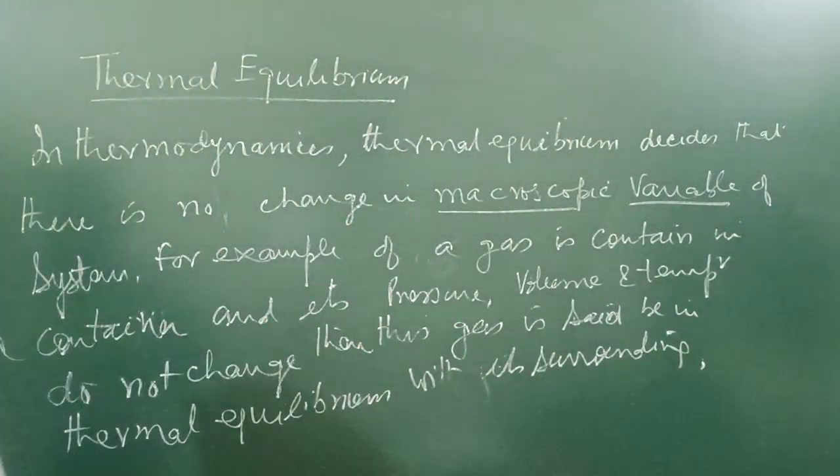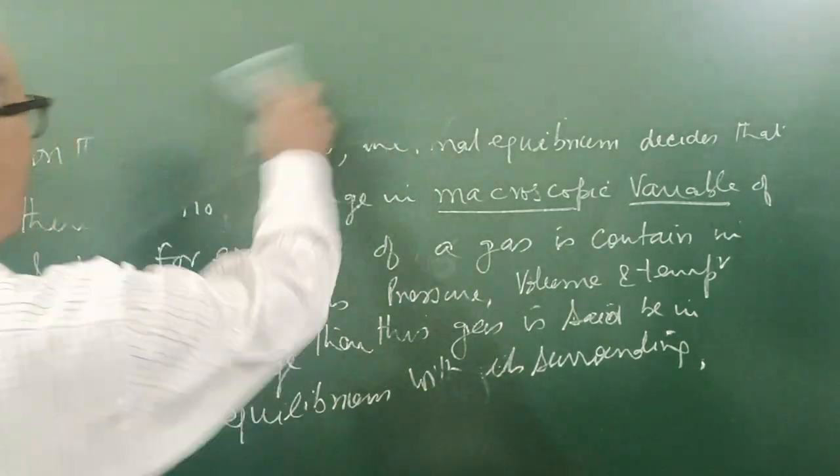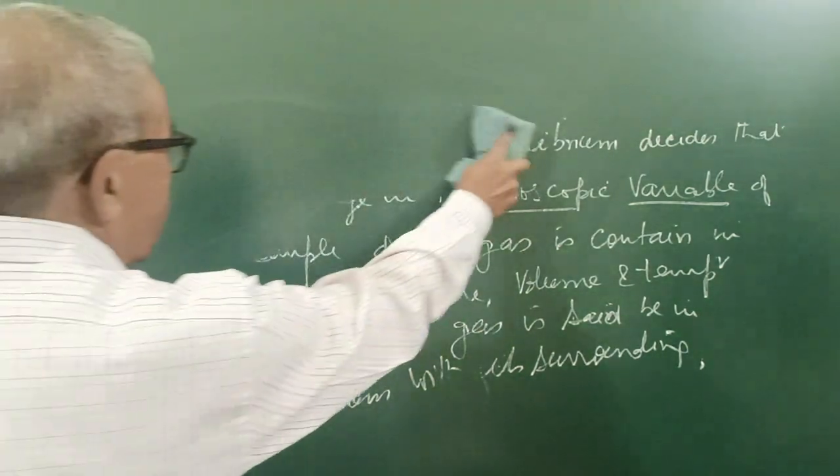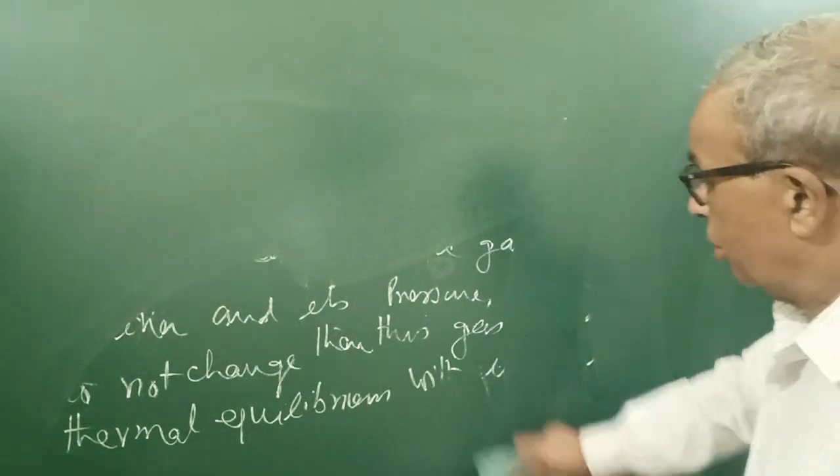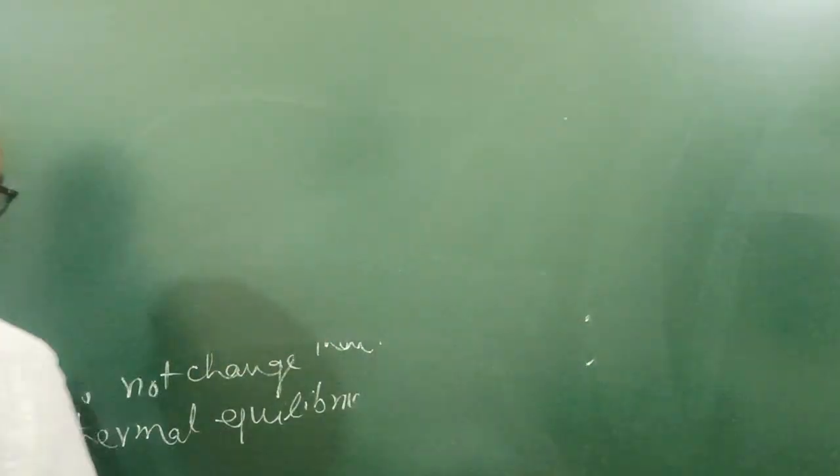For a learner, it is easy to say that when we place two bodies at different temperatures in thermal contact, heat flows from one to the other and the temperature becomes the same. Not only temperature, there are other variables like pressure, volume, and temperature. We will deal with them when we come to other chapters, other topics.